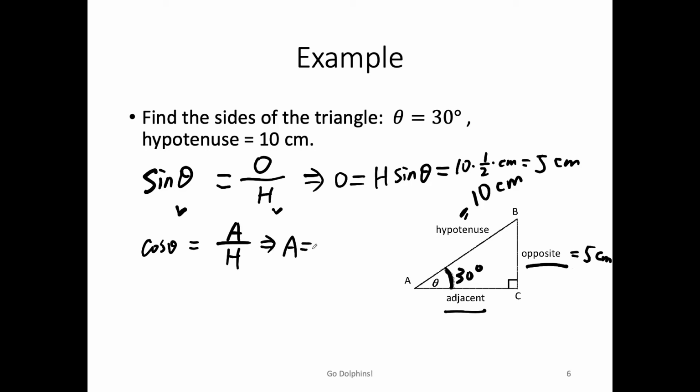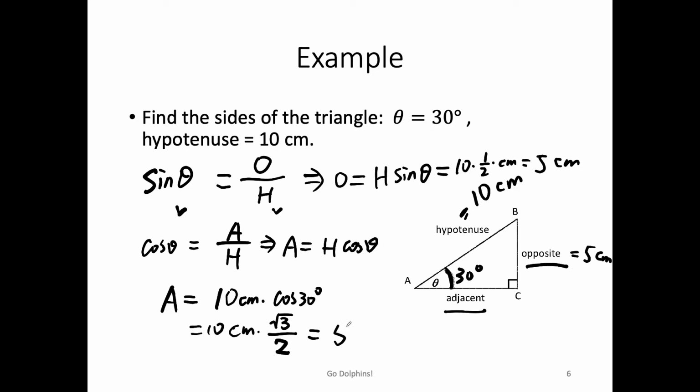So the adjacent side is the hypotenuse times cosine theta, and cosine 30 degrees is square root 3 over 2. So it's 5 square root 3 centimeters. As before, you can plug those numbers into your calculator to find the numerical value.